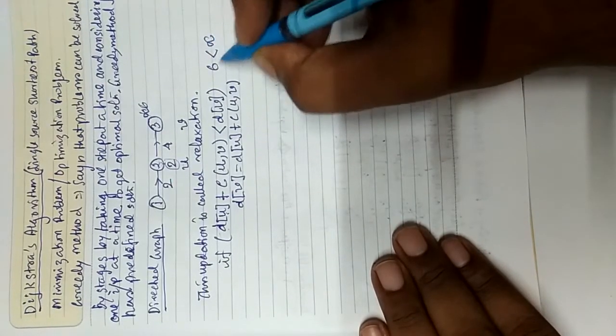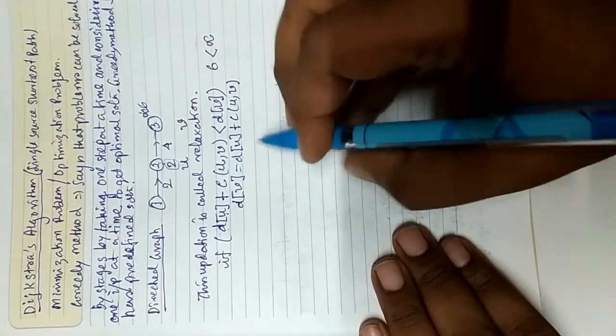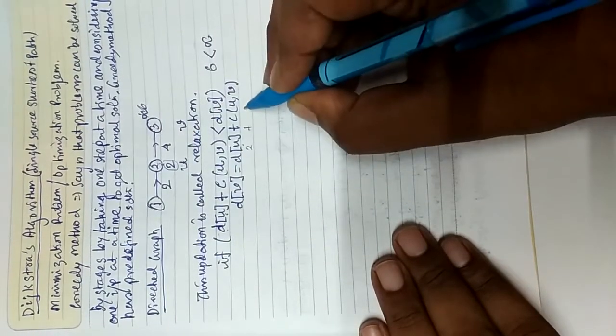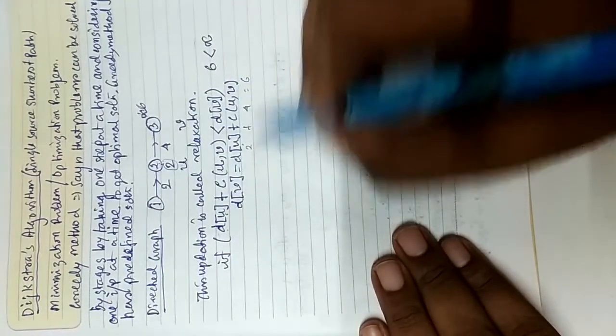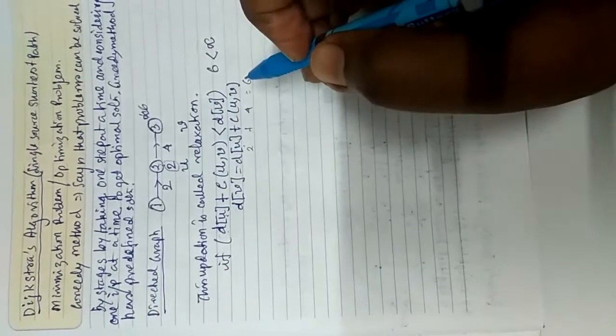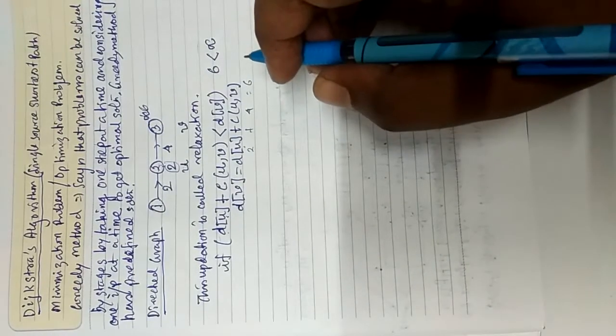If this condition is holding, the new d of v will be 6. This updation is called nothing but the relaxation problem. Okay, so hope you understand what we mean by relaxation.